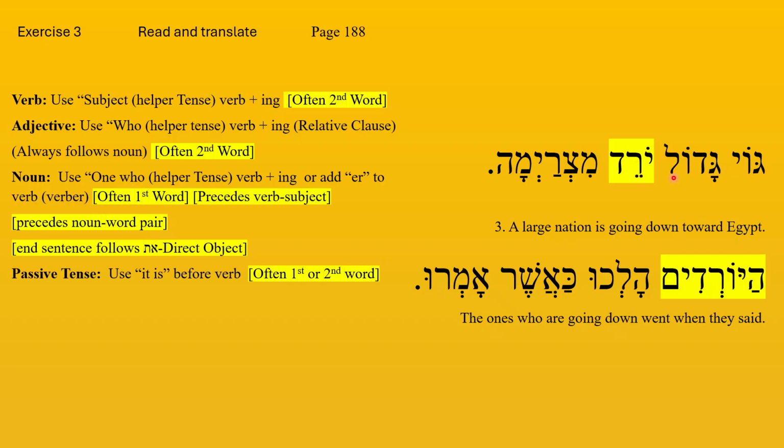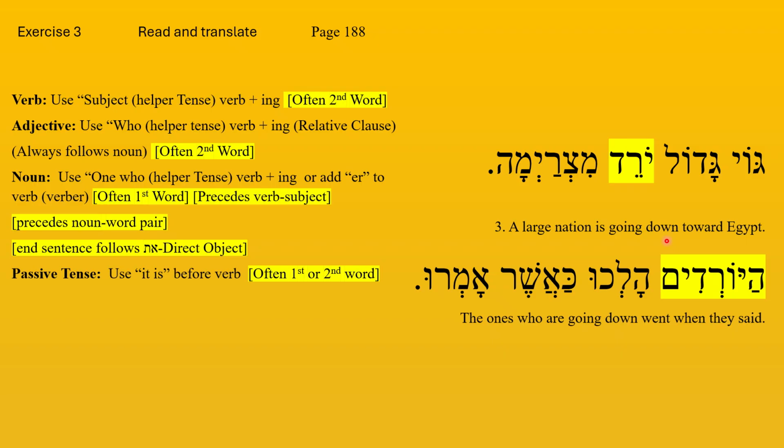It's the subject. So yored, most likely the verb. And let's see if it works. So a large nation is going down to or toward Egypt. And that does work. So this is the verb of the sentence.